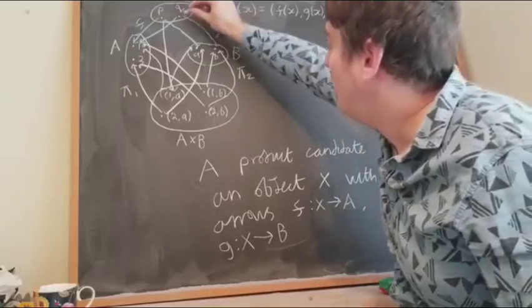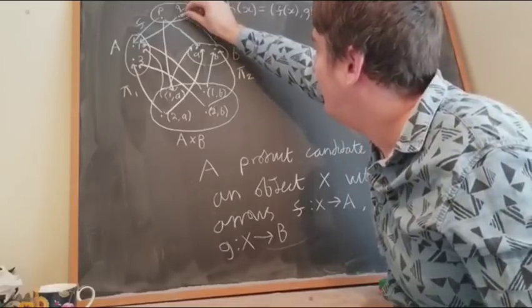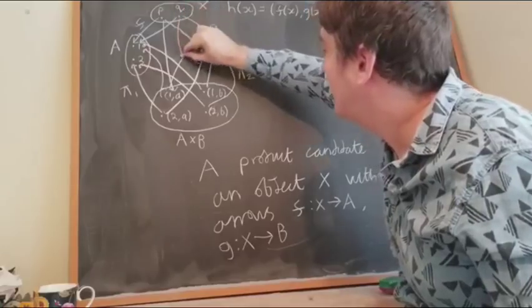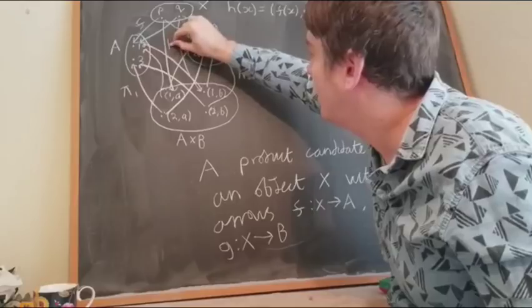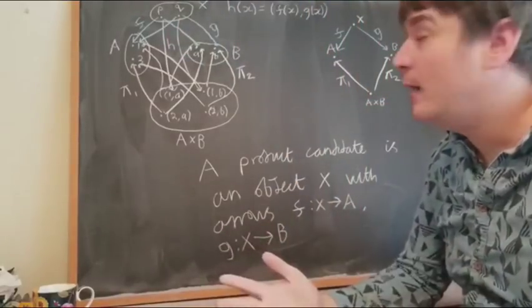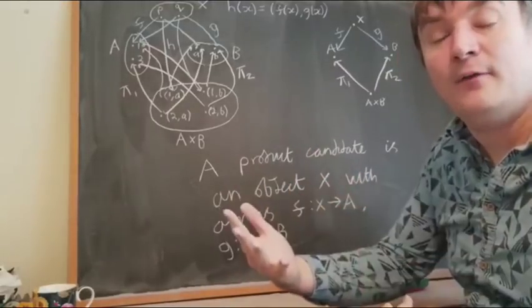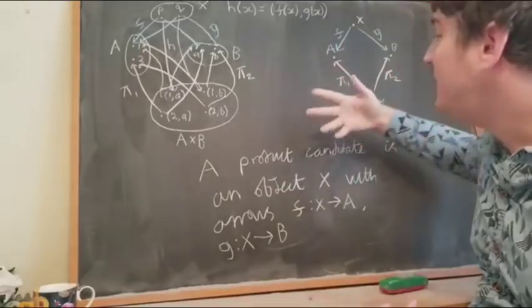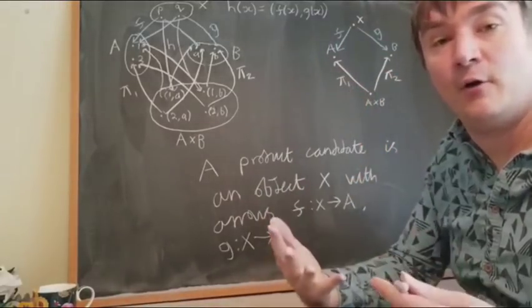So let's send q to (1, b). And that does the job, okay? So all we're going to do now is to formalize this in terms of category theory, and we're going to have our definition of a categorical product.